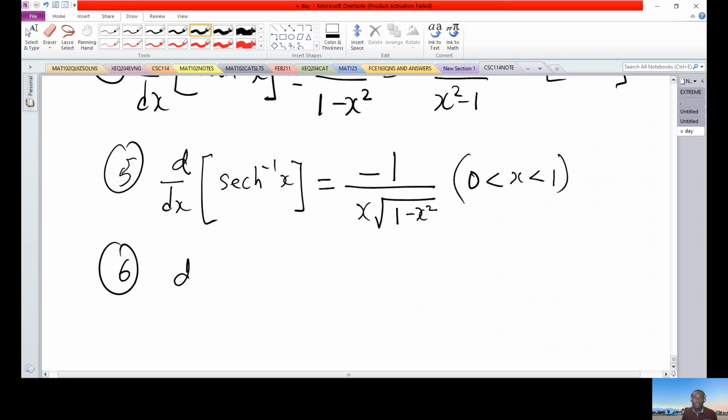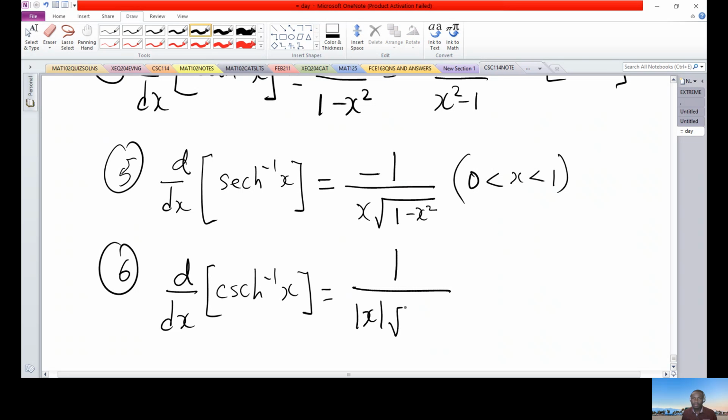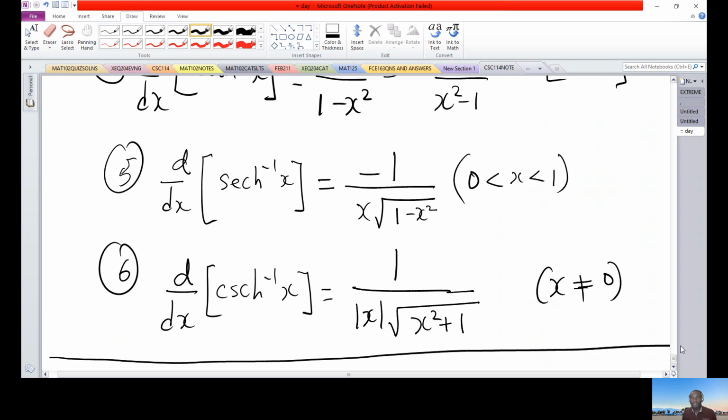And lastly, d/dx of the inverse hyperbolic cosecant will be given by negative 1 over x square root of x squared plus 1. x must never be 0. So that is a summary on how to carry out derivative of inverse hyperbolic functions. Thank you.